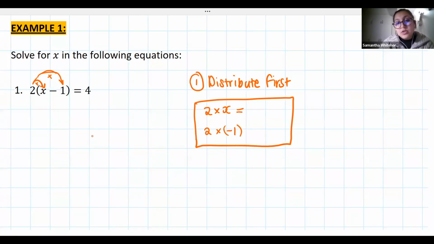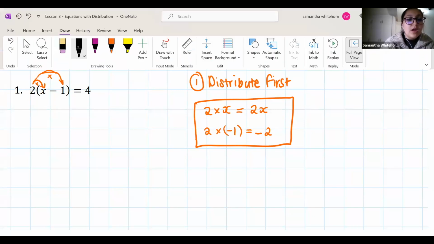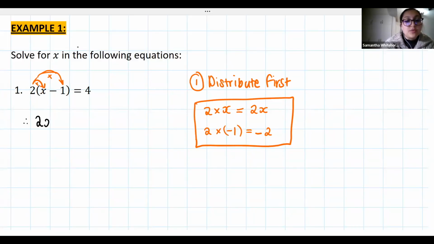So remember, guys, 2 times x, positive times a positive is positive, and 2 times x is 2x. 2 times negative 1, a positive times a negative is a negative. 1 times 2 is 2. So what we have on the left-hand side, once we've distributed, is 2x minus 2 is equal to 4.